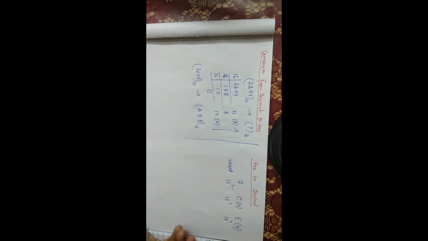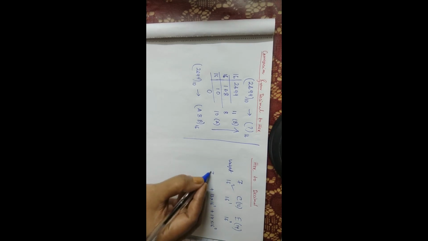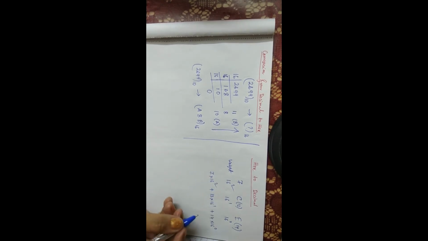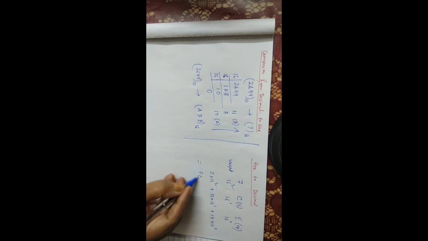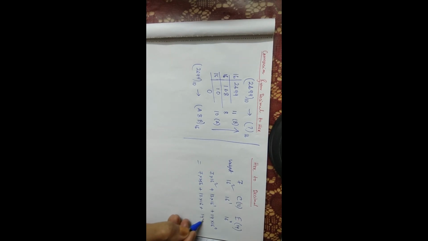Okay, so ultimately what we will get? We will get 14 into 16 to the power 0 plus 12 into 16 to the power 1 plus 7 into 16 square. So we will get here 7 into 256 plus 12 into 16, and 16 to the power 0 means 1.